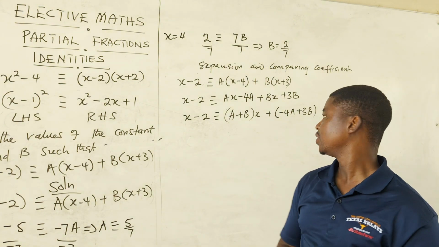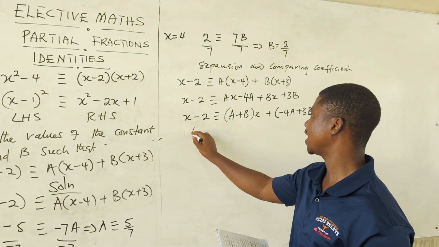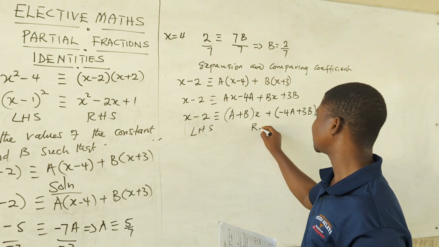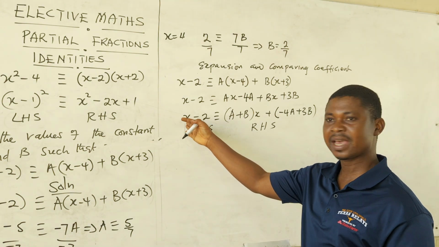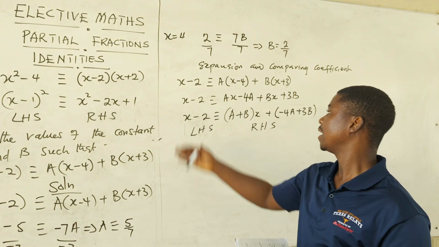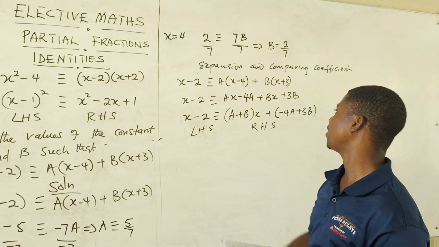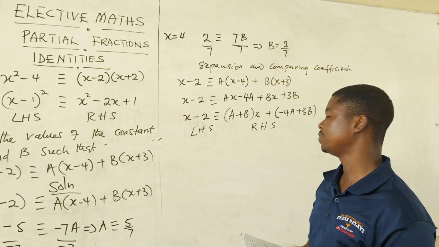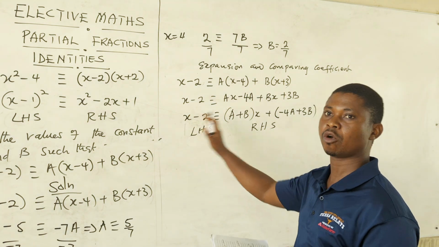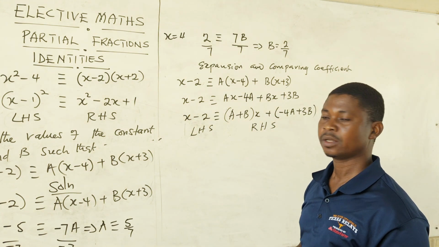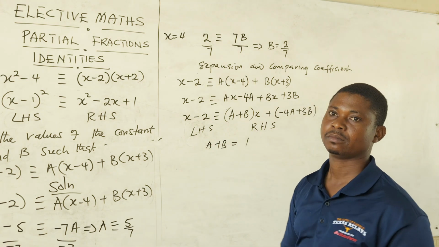At this stage, you can compare the left-hand side to the right-hand side. Here we have a variable x with a coefficient of 1, and here we have a variable x with a coefficient of A plus B. So A plus B should be equal to 1.